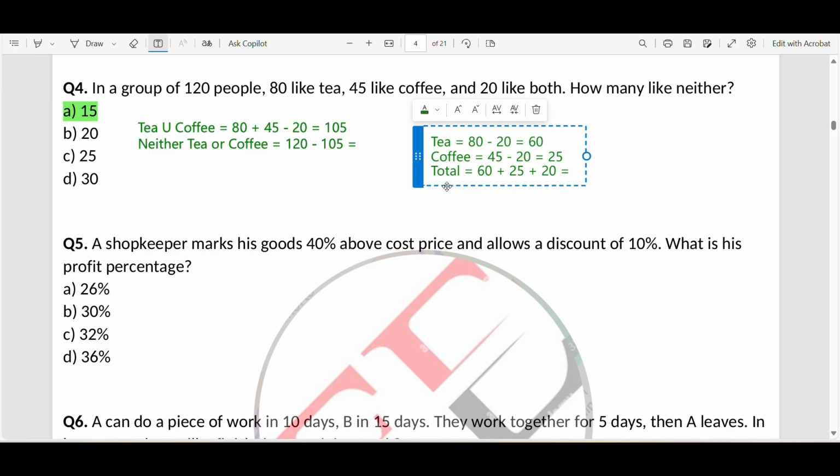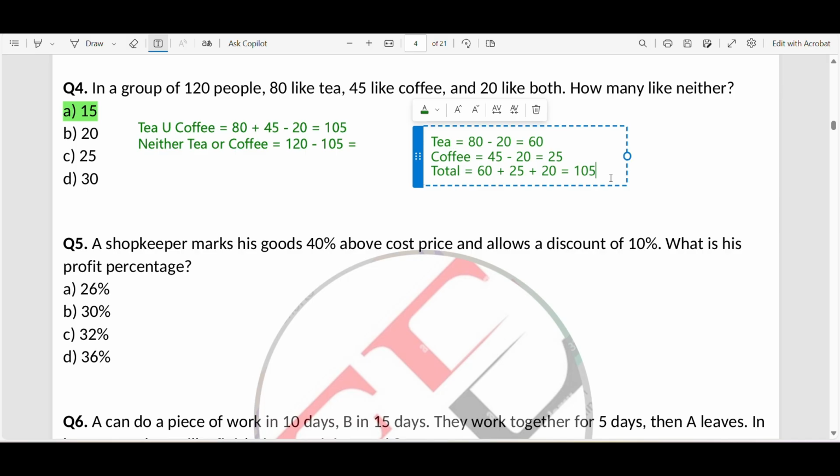We should not add another 20, because the total will be 60 only tea, 25 only coffee, and 20 like both. So adding these, 60 plus 25 plus 20 will be 105. The total count would be 105.